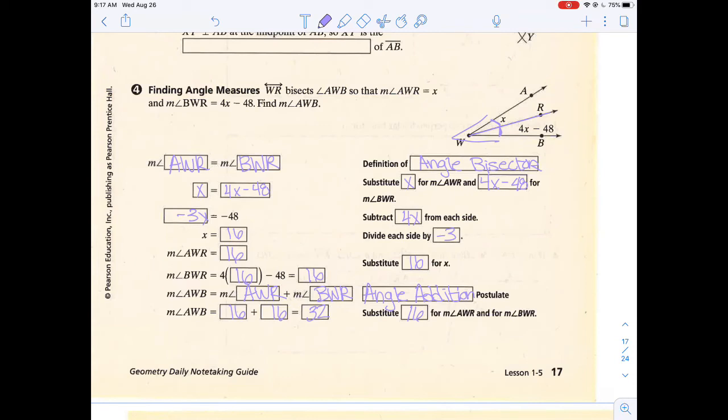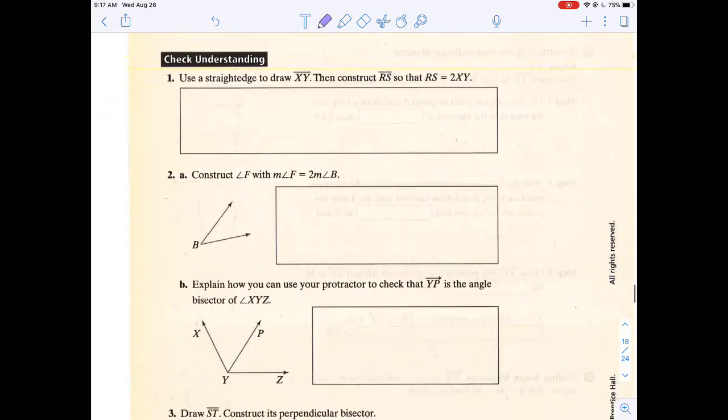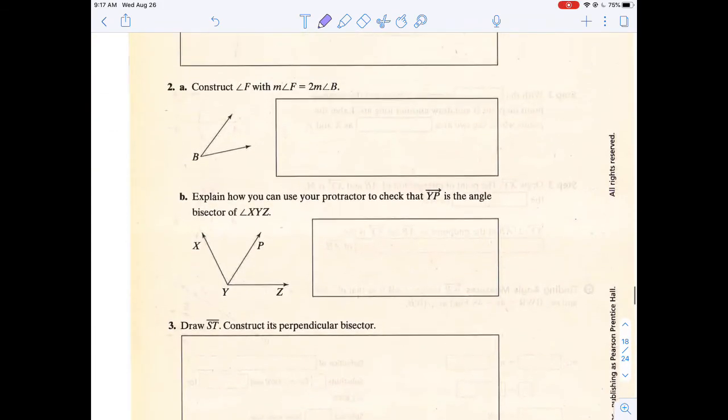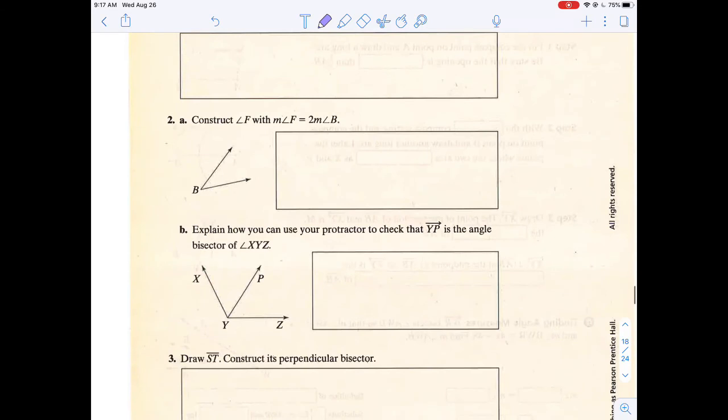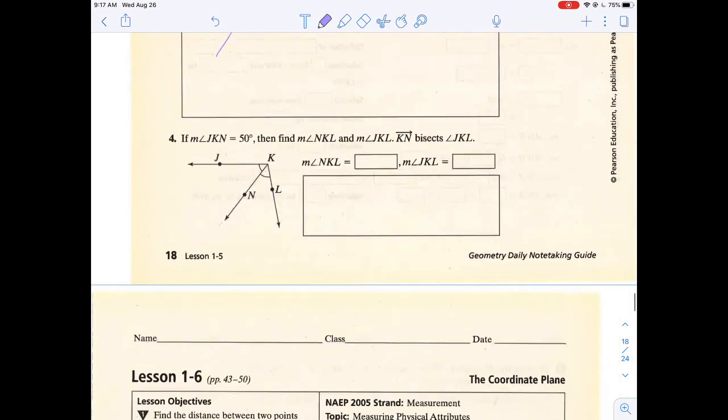We just think about what it means to be an angle bisector. So you have a little bit of an easy day today. We are going to skip 1 through 3, and you are going to try example 4. That's it today. That's the only one you have to do. It says if the measure of angle JKN is 50, then find the measure of NKL.